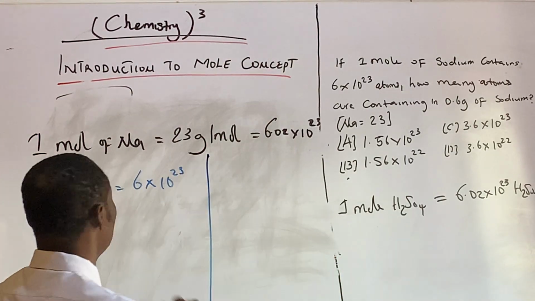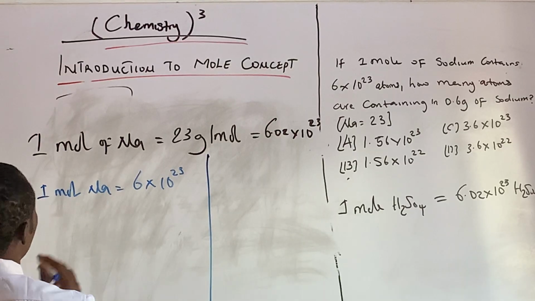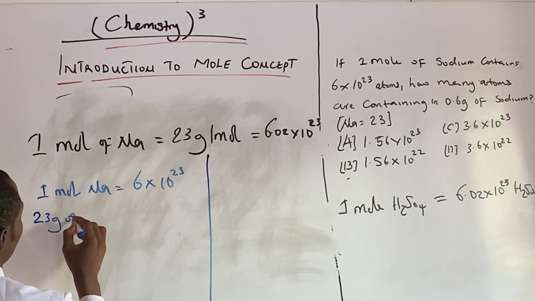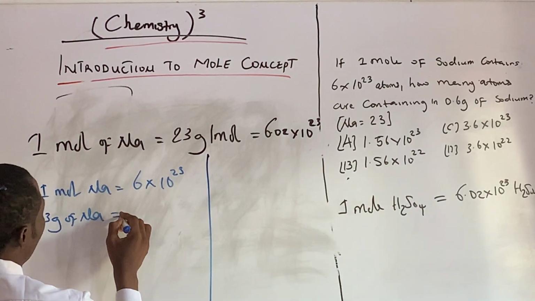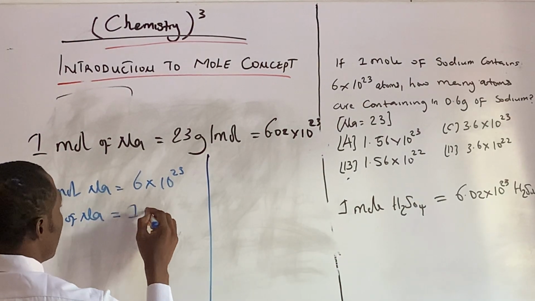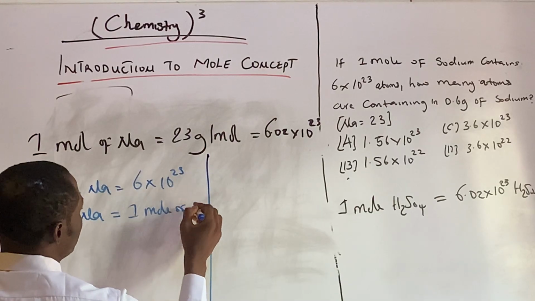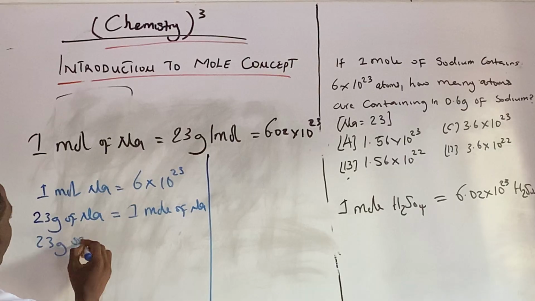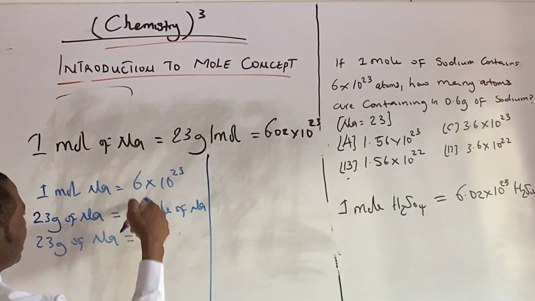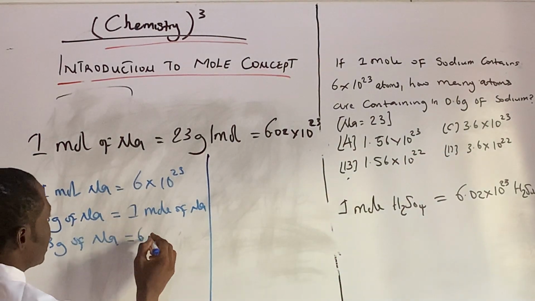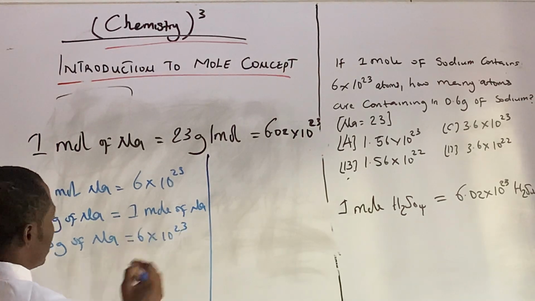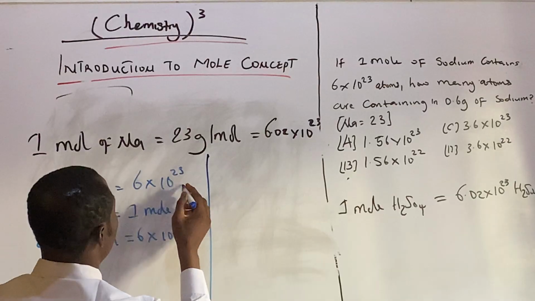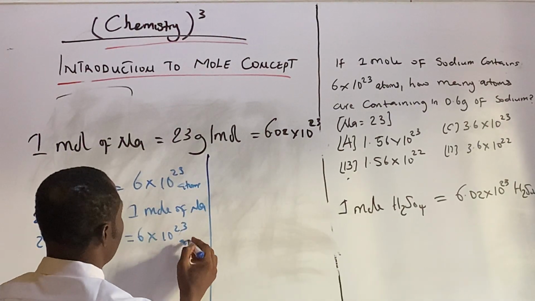Now, what you need to do is understand that 23 grams of sodium is equivalent to 1 mole of sodium. So if that is the case, 23 grams of sodium contains, this is the 1 mole, 6 times 10 raised to the power of 23 atoms, because they say it's atoms.